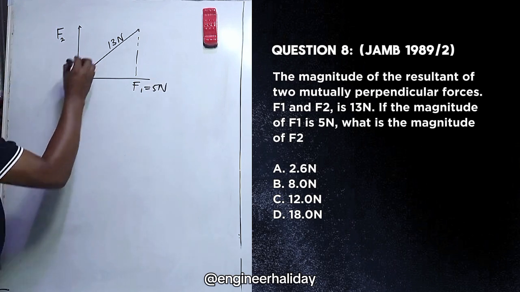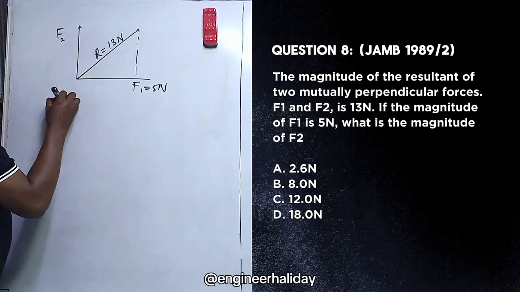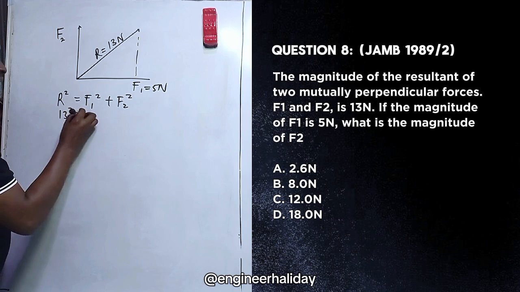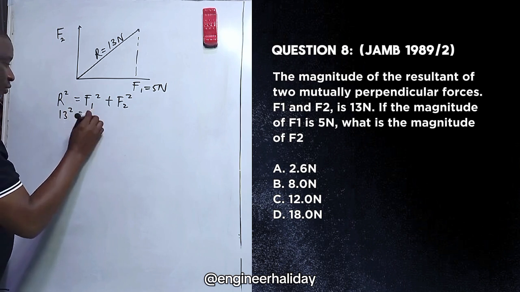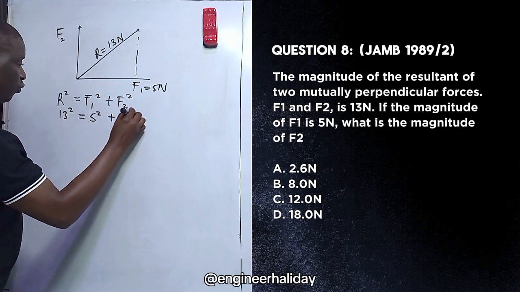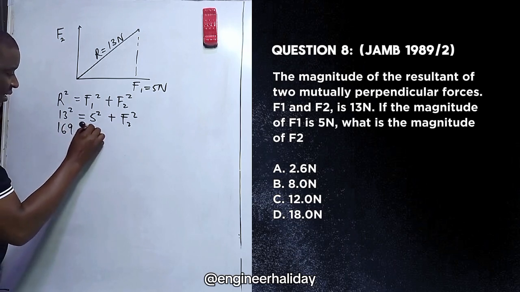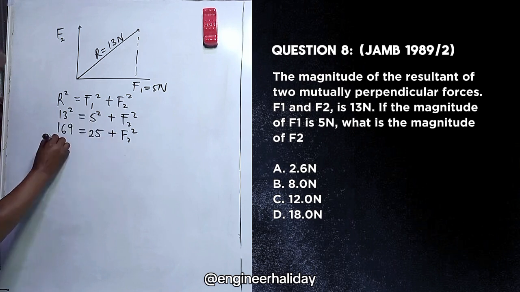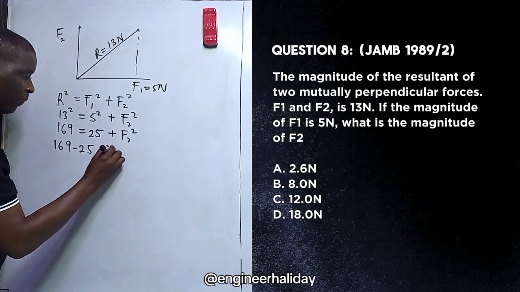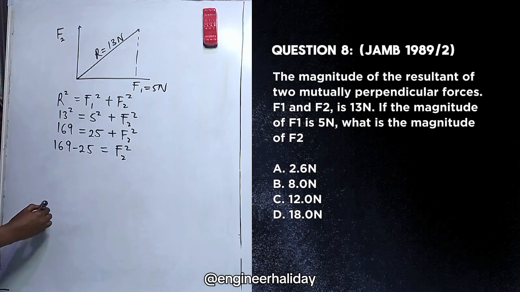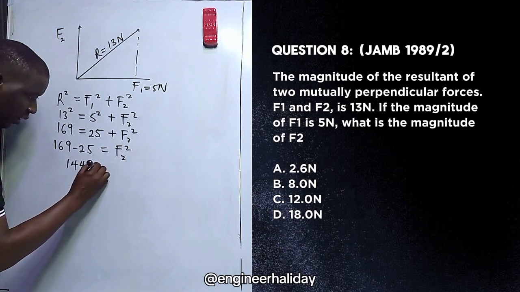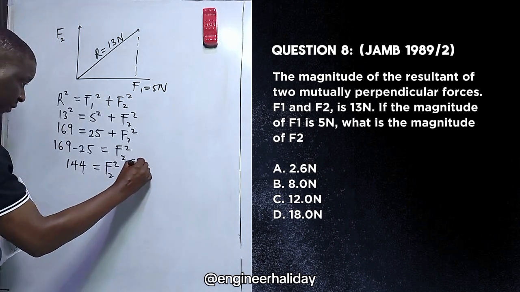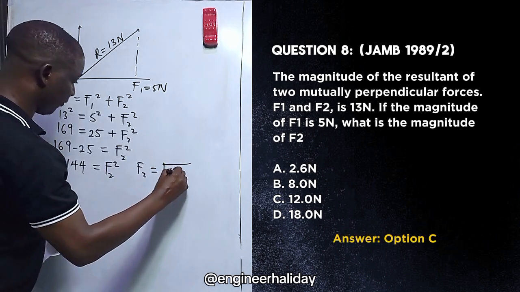To get F2, the resultant R squared equals F1 squared plus F2 squared. So 13 squared equals 5 squared plus F2 squared. That is 169 equals 25 plus F2 squared. So 169 minus 25 equals F2 squared, which gives 144 equals F2 squared. So F2 is the square root of 144.